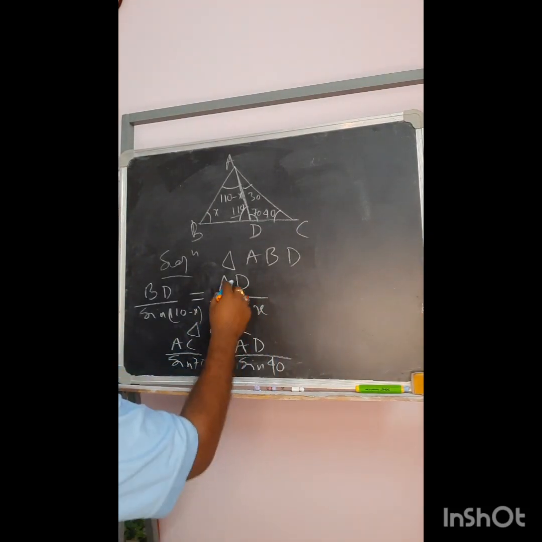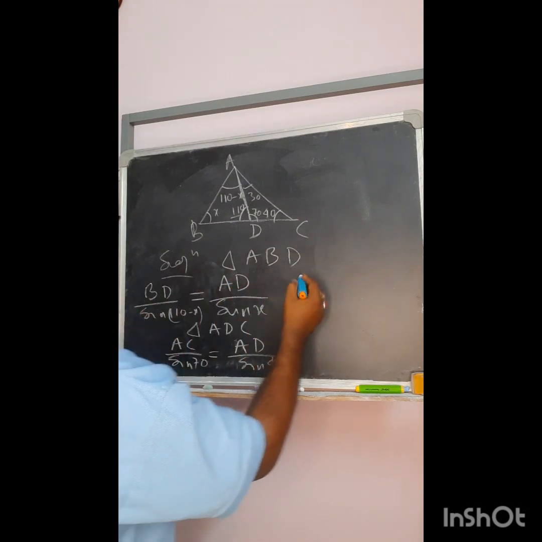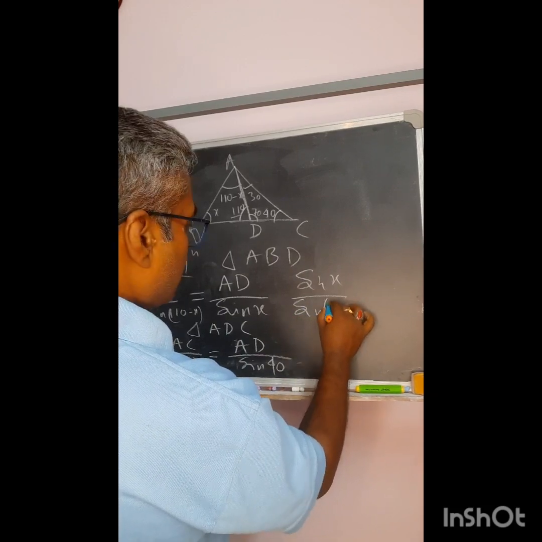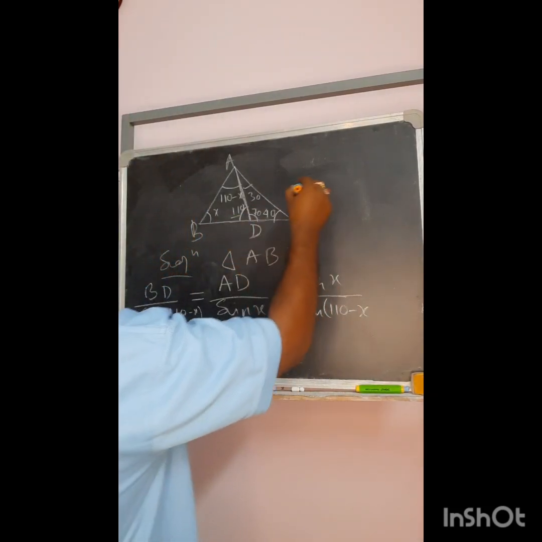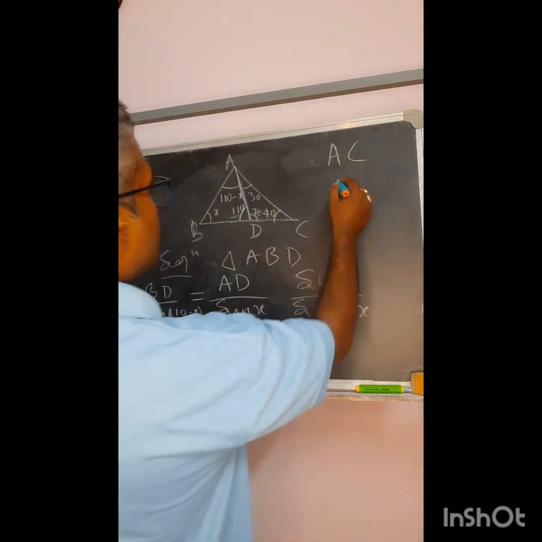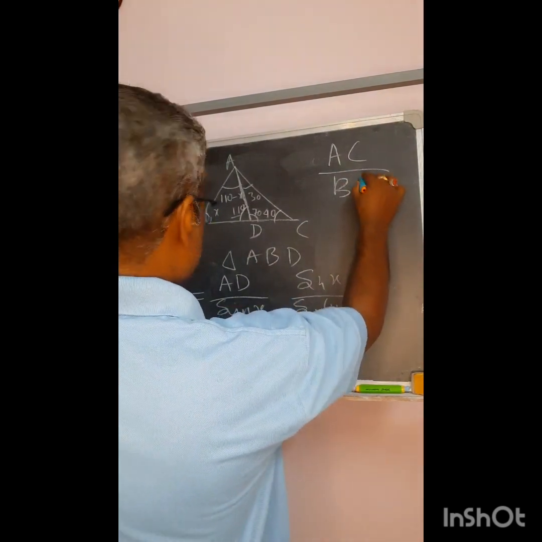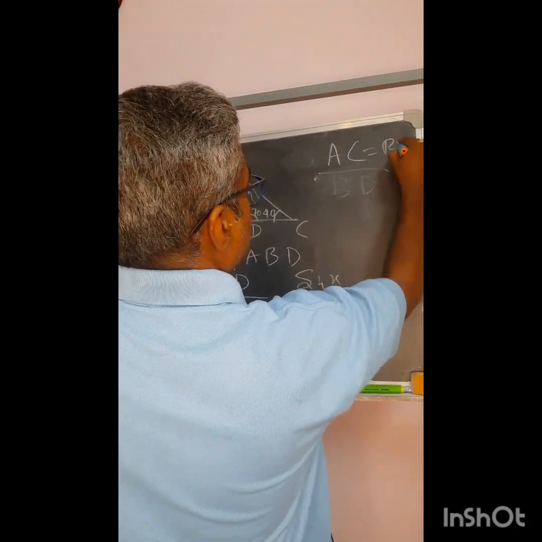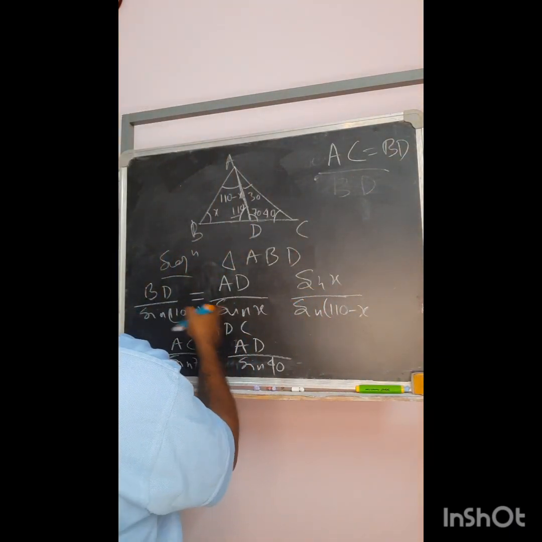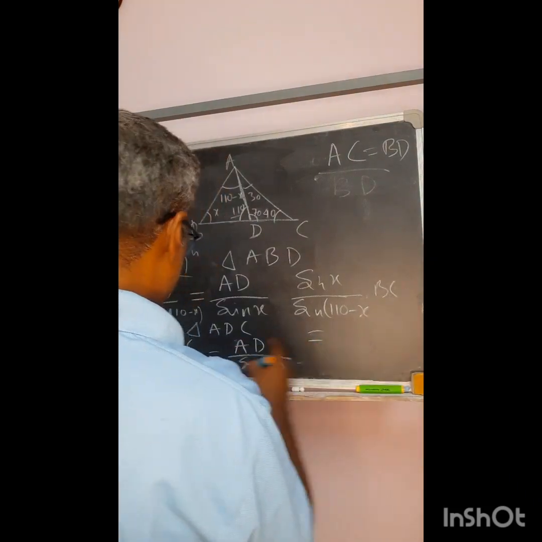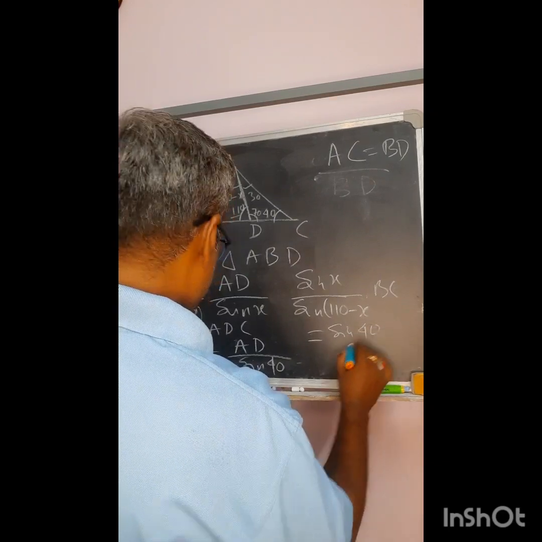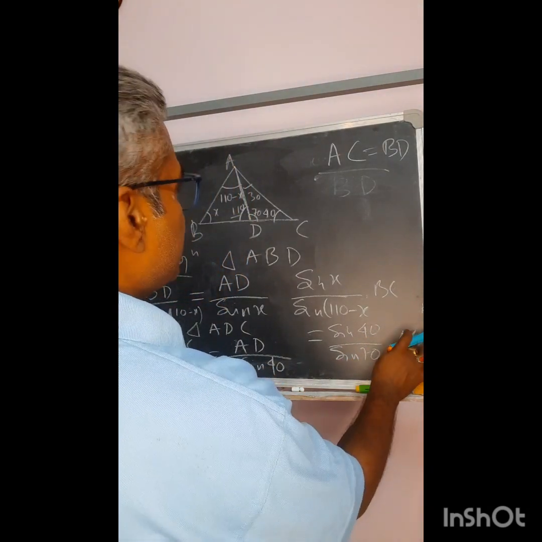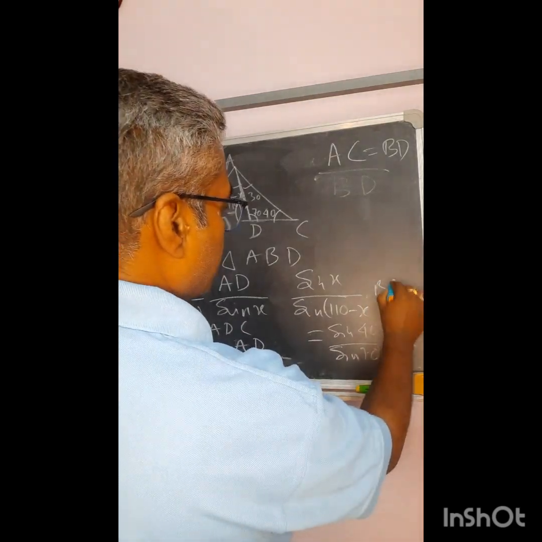So if I compare this part and take out AD and equalize both, AD is BD upon sine of 110 minus x times sin x, and the other is AC upon sine 70 times sin 40.